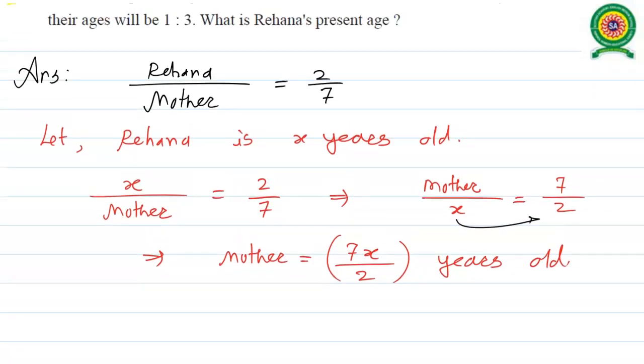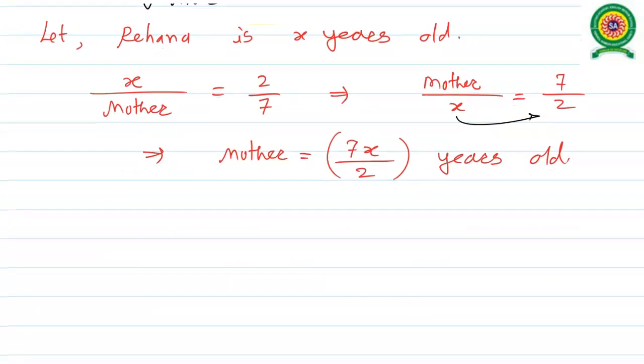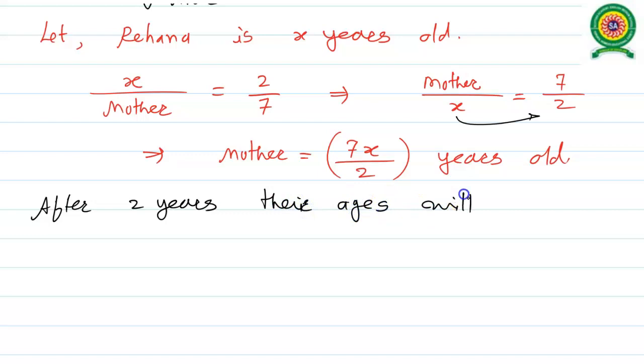Now look at the next one. We have given after 2 years. So I am writing, after 2 years their ages will be. Rehana, nowadays she is x years old, so after 2 years, x plus 2 years old.